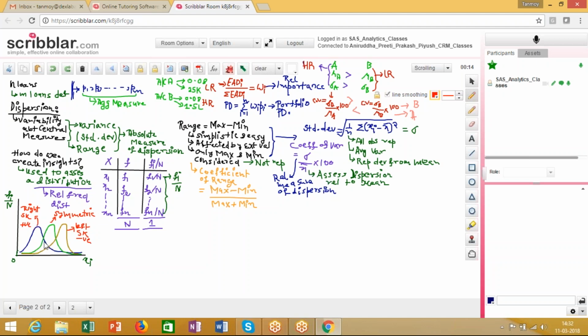A symmetric distribution forecloses the occurrence of outliers or extreme values. Basically, if I have a symmetric distribution, what it simply means is it forecloses the occurrence of extreme values or outliers.